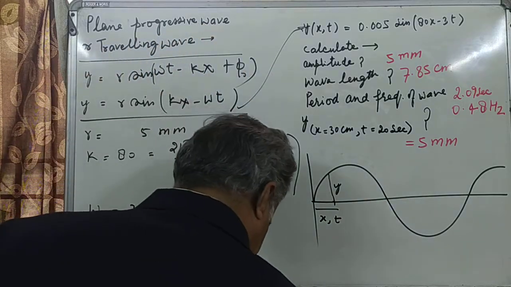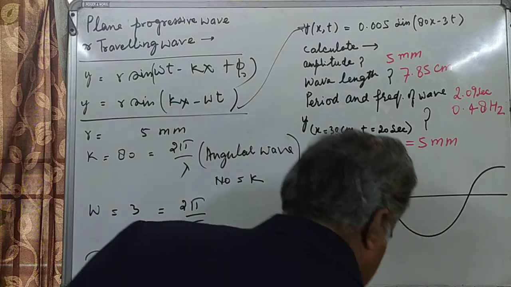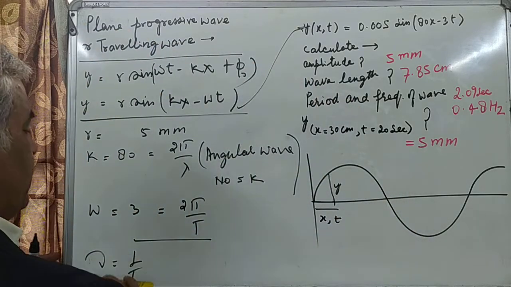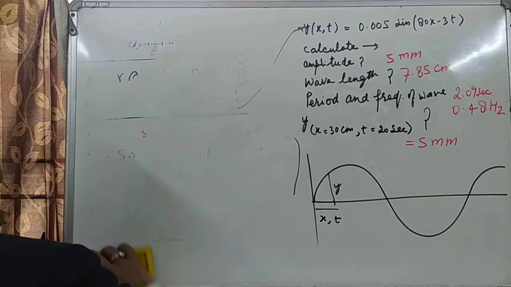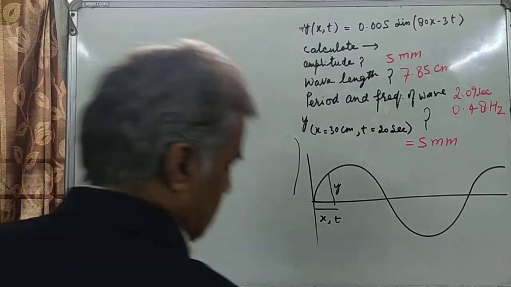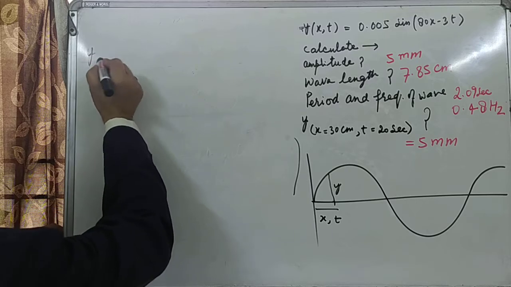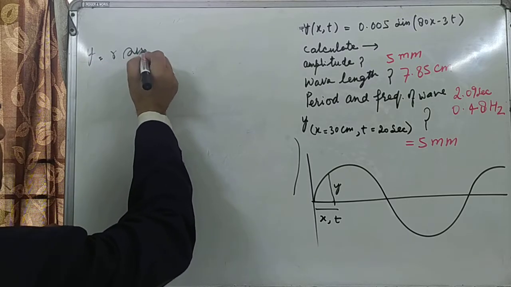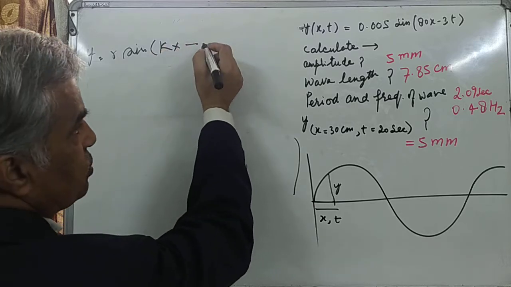So in this, what will you do? You need y equal to r sin of kx minus omega t.